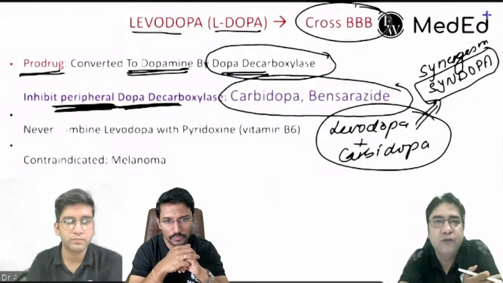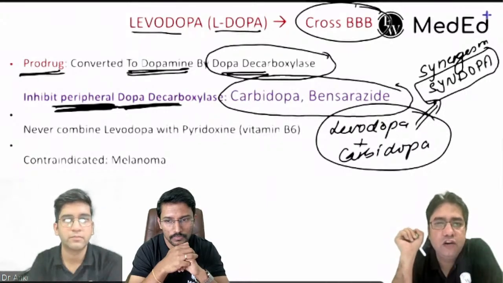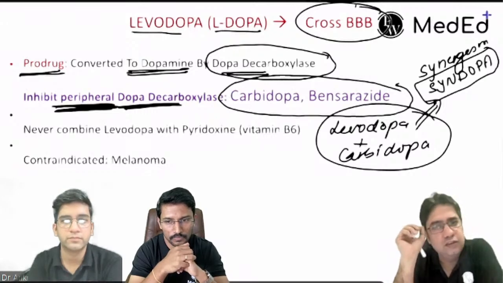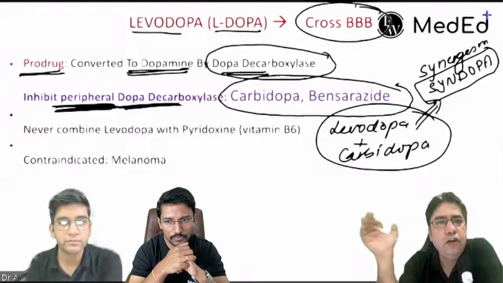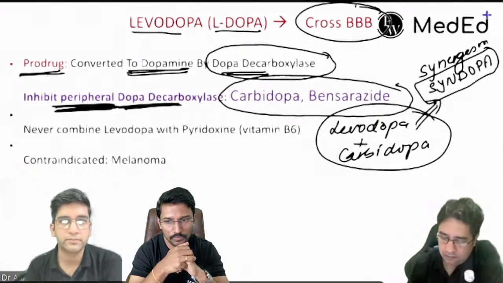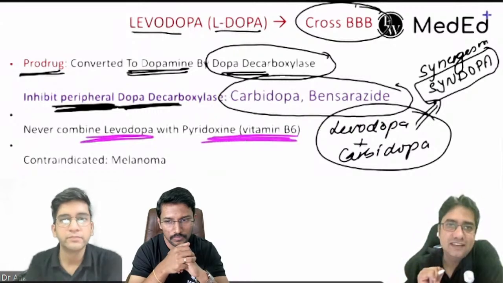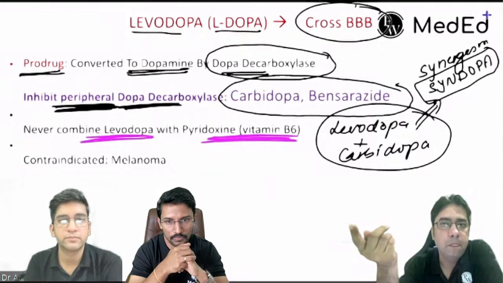But remember one point. We must have heard that in tuberculosis, we always combine vitamin B6 with isoniazid. So yes, in TB, we always give vitamin B6 with anti-tubercular drug. But remember, with levodopa, we never give vitamin B6, because vitamin B6 is opposite of carbidopa.